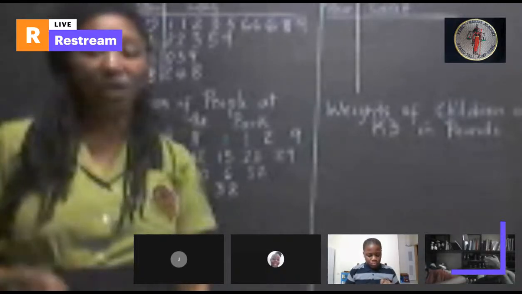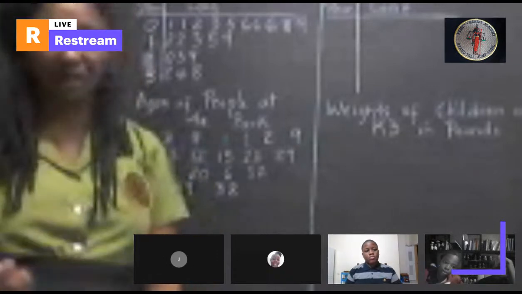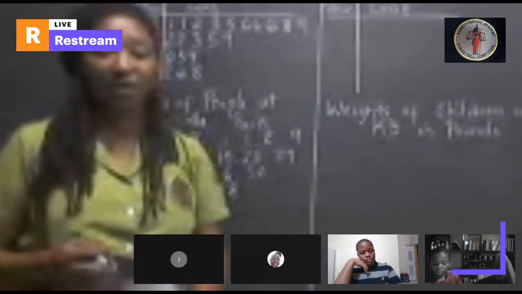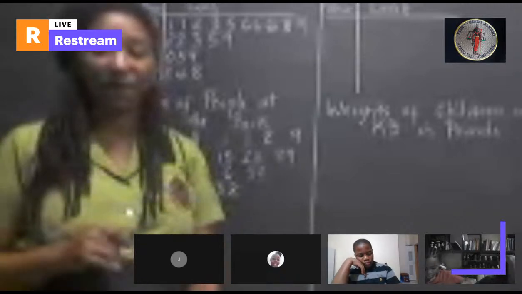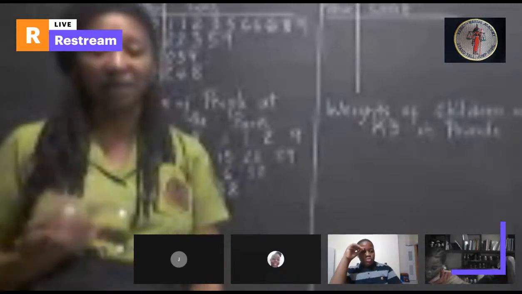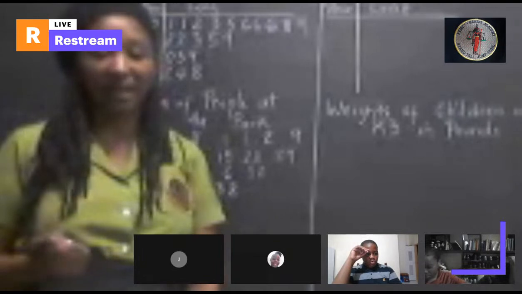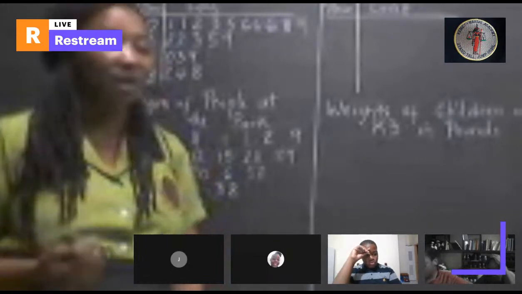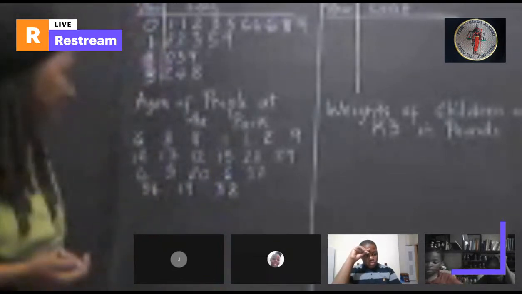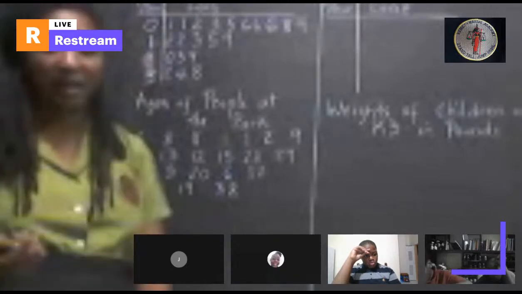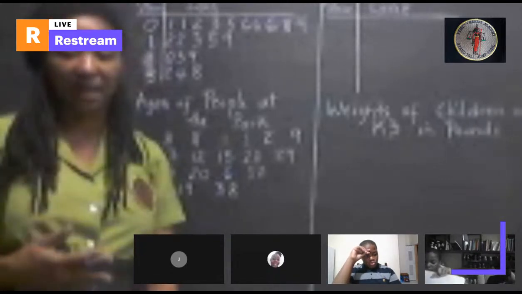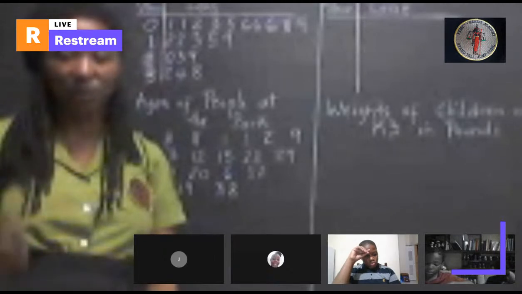We're going to do some probability later on tonight, but for each of these stem and leaves that we're going to do, we will find the mean, the mode, the median, and range. Now, if you remember the mean, we get the mean by adding all the numbers and dividing by the amount of numbers.